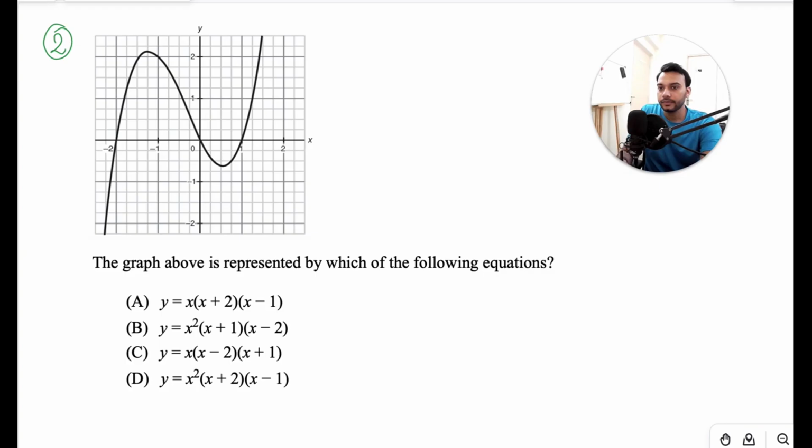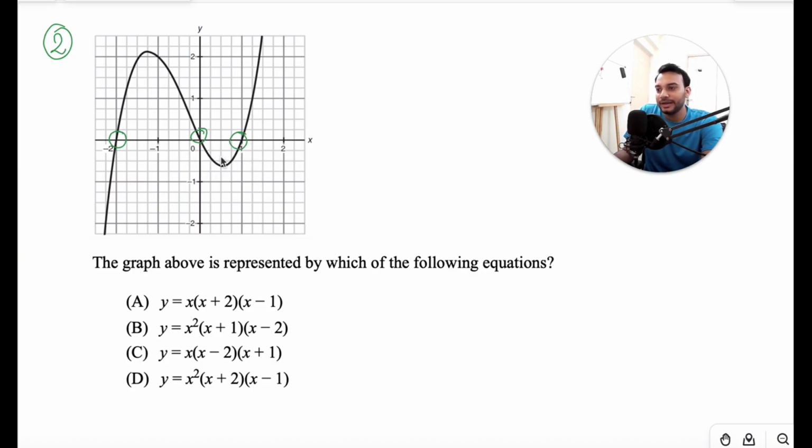Let's go on. Question number 2: the graph above is represented by which of the following equations? The graph is shown here. It's cutting the x-axis at 3 points, and this is the most important information. It's cutting at -2, 0 and +1.